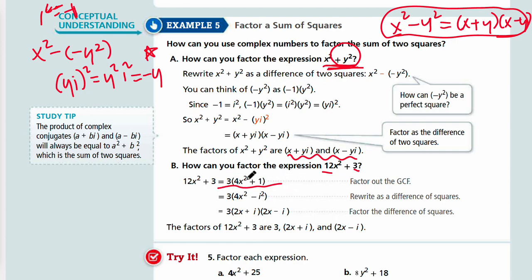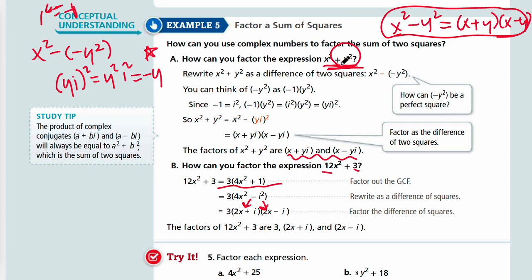That's the most simple polynomial you have. But if you can factor using complex numbers, imaginary units, then you can go further. 3 times 4x squared minus i squared would be possible, right? Using differences of squares, and then you can split them into 2 factors.